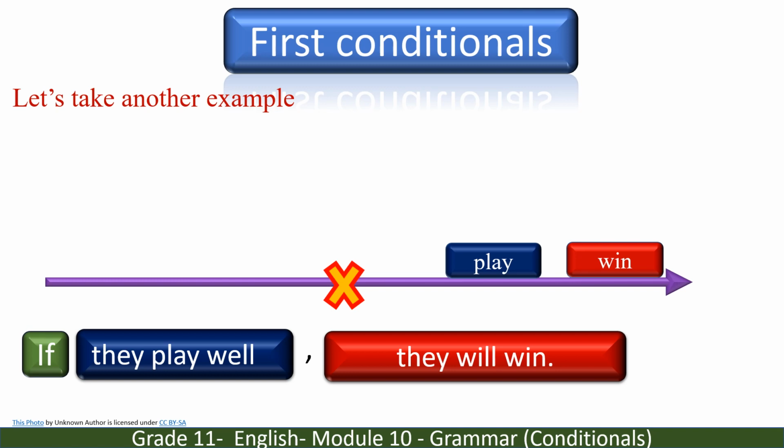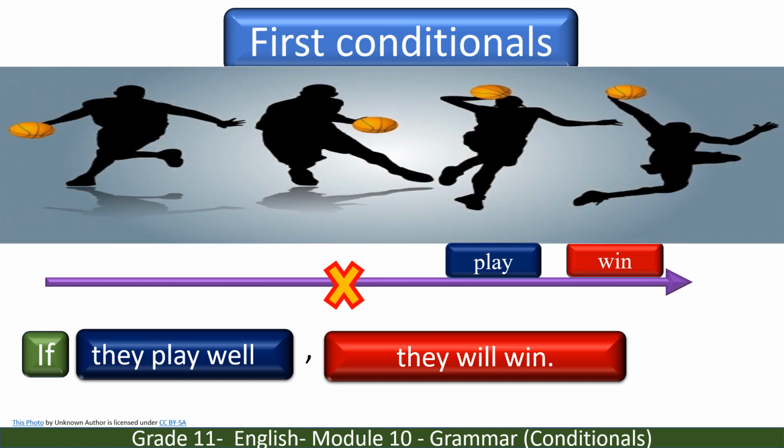Let's look at another example. This is our school team. In first conditionals, we said that it's 4 o'clock and the match starts at 5. So the verbs play and win are in the future. So there is a good chance that they will play well and they will win. So we said if the team play well, they will win in first conditional.